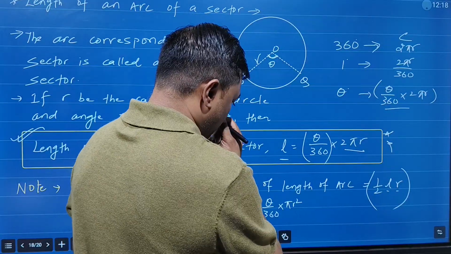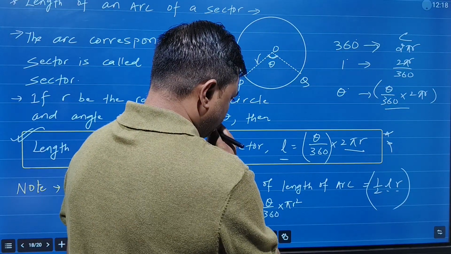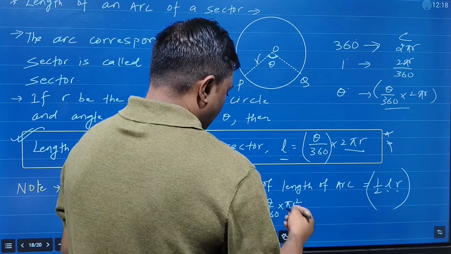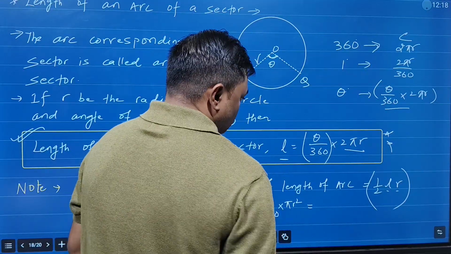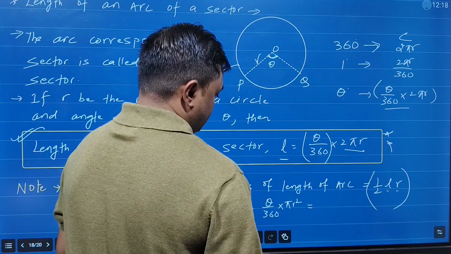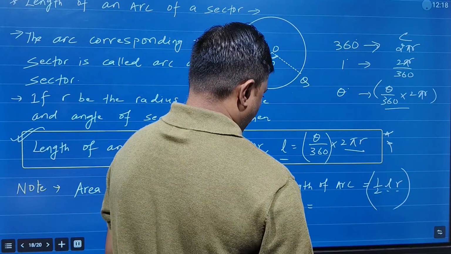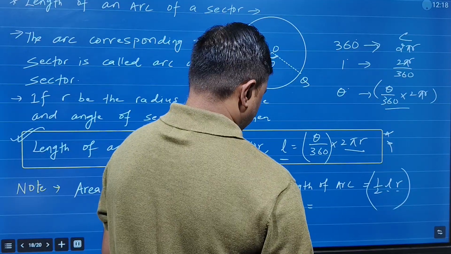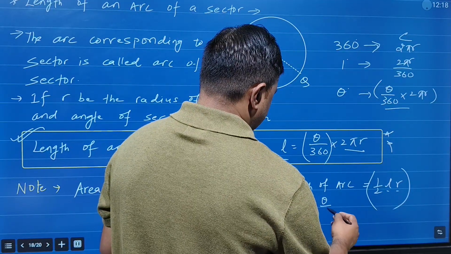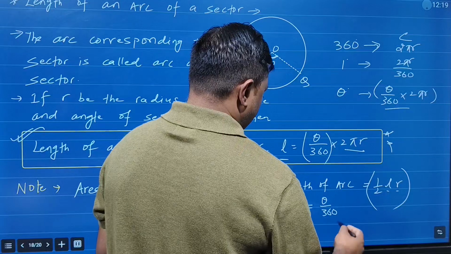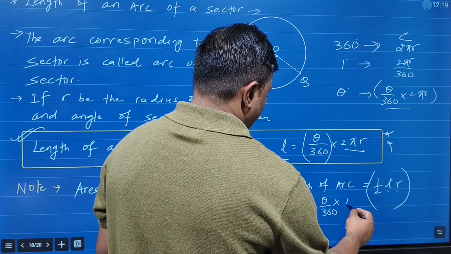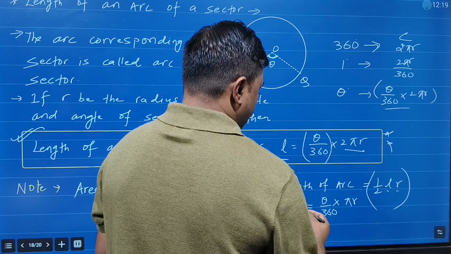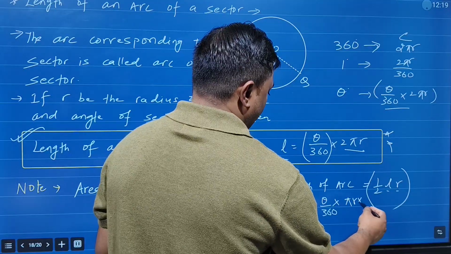Okay, what we can do here is rearrange. Can we write this as theta by 360, as it is, into pi r square, so pi r into r I wrote.